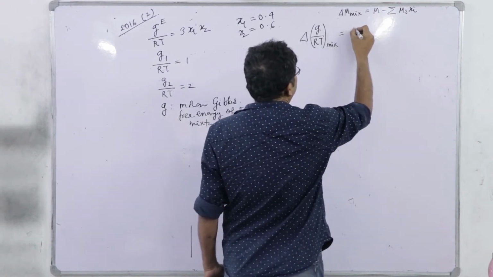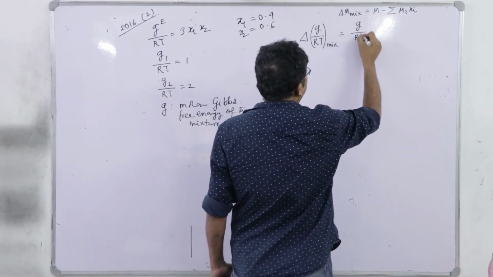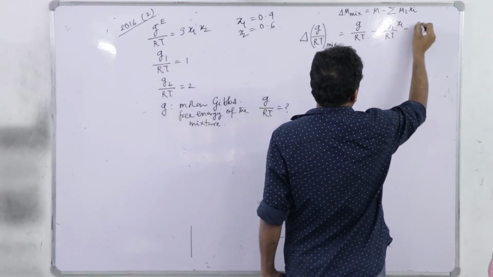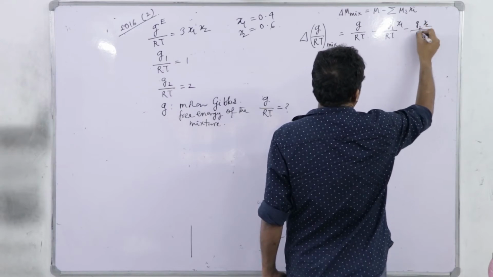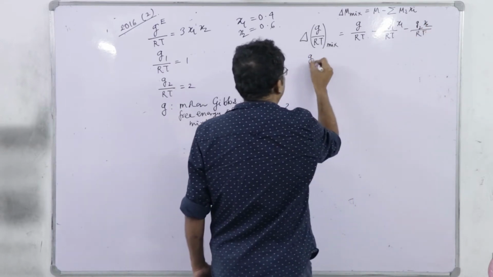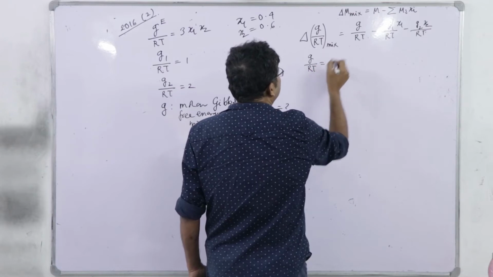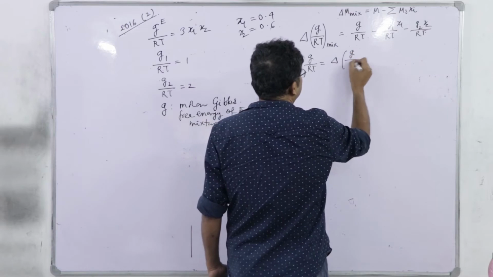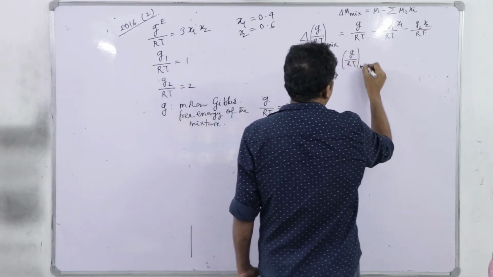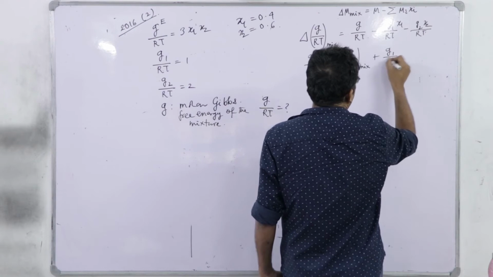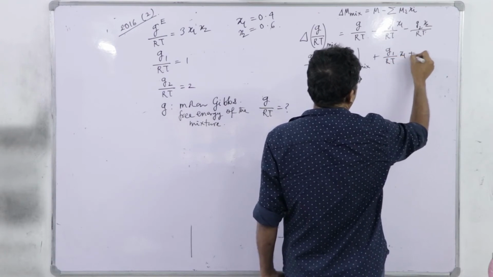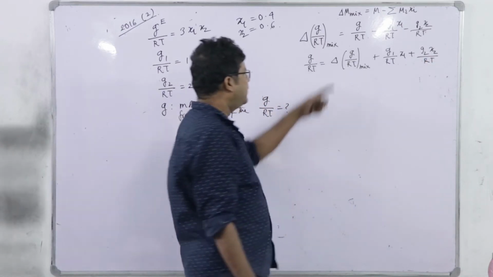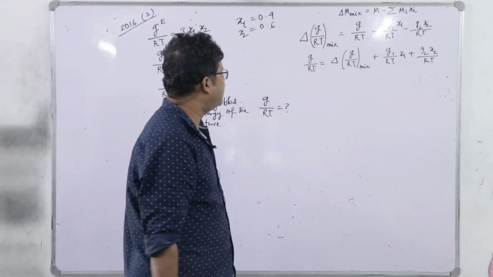So here it will be g divided by RT minus G1 by RT x1 minus G2 by RT into x2. So g by RT is equal to this delta g mix by RT plus G1 by RT x1 plus G2 by RT x2, right.